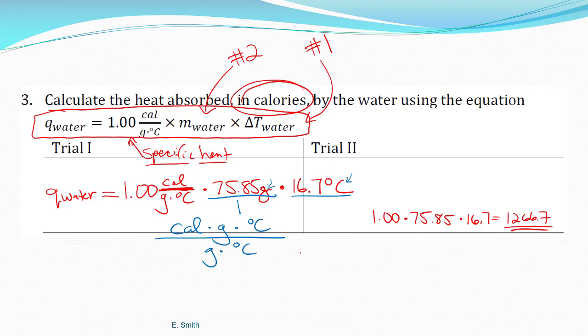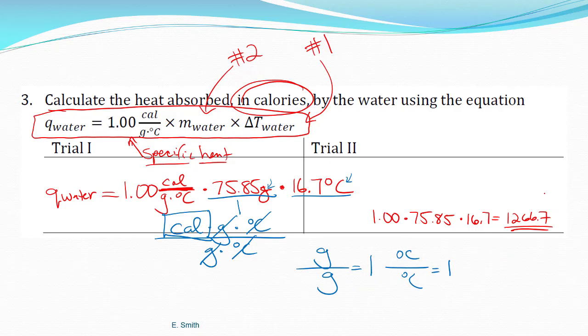Anything divided by itself will equal 1. So gram divided by gram equals 1, and degrees Celsius divided by degrees Celsius equals 1. We call that canceling out. The grams cancel out, the degrees Celsius cancel out, and I'm left in my answer with calories, a unit of energy.